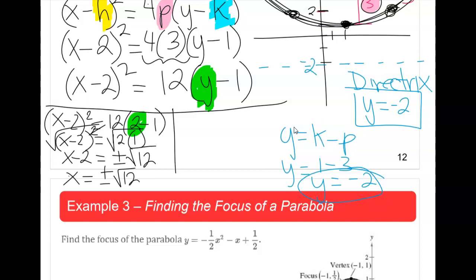And instead of minus 2, I will have plus 2. So from there, I have two values for x, one with the positive square root of 12, so the square root of 12 plus 2. And the other one will be the negative square root of 12 plus 2.